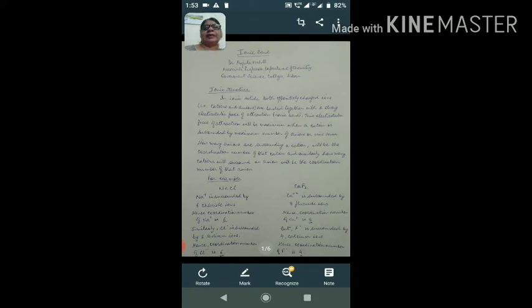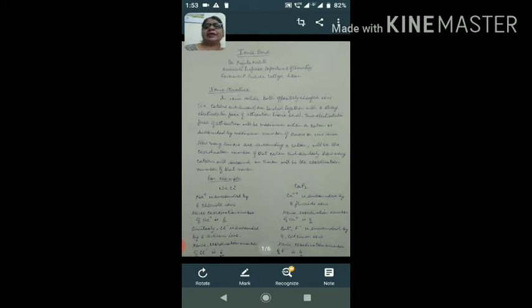For example, in sodium chloride, a sodium ion is surrounded by 6 chloride ions, hence the coordination number of the sodium ion is 6. Similarly, a chloride ion is surrounded by 6 sodium ions, thus the coordination number of the chloride ion is also 6.